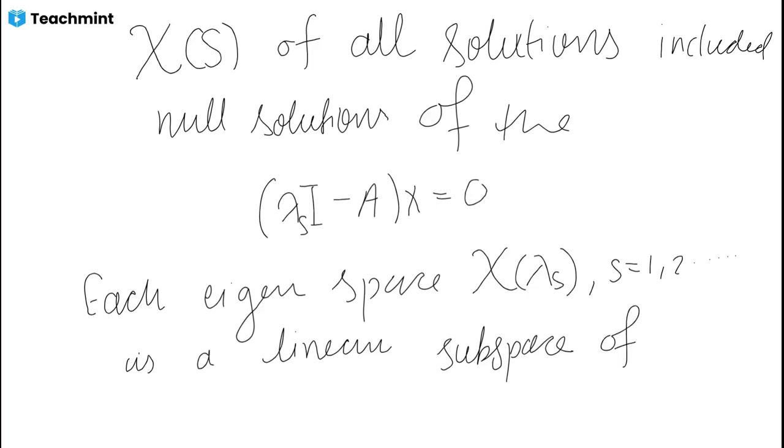You know the symbol of subset. If we have a vector space from 1 to n, then any eigenspace is a linear subspace of that Rn.